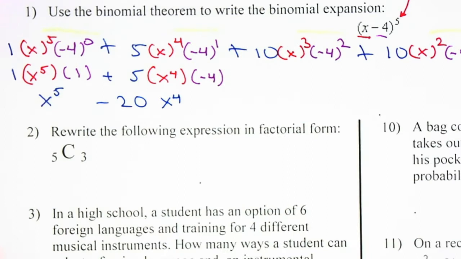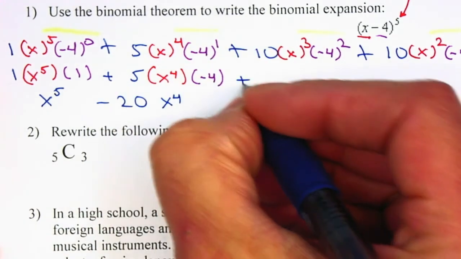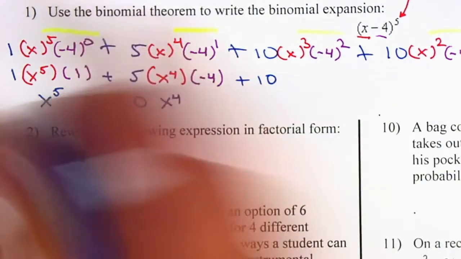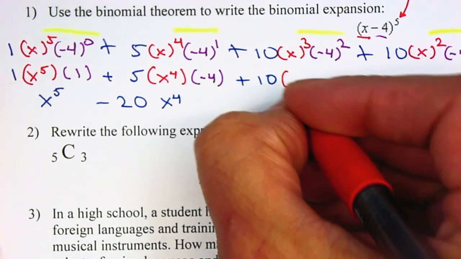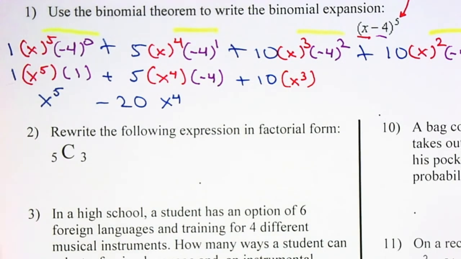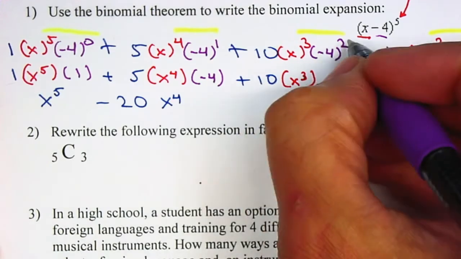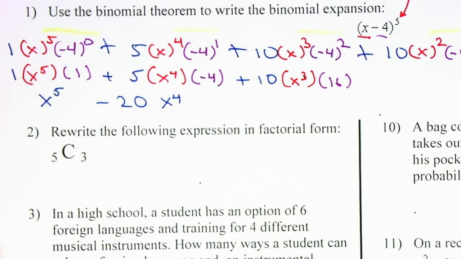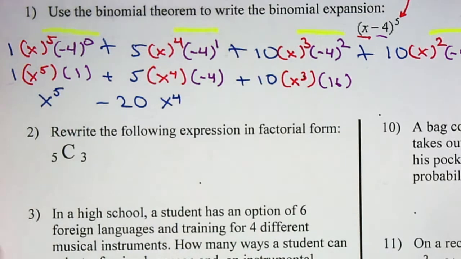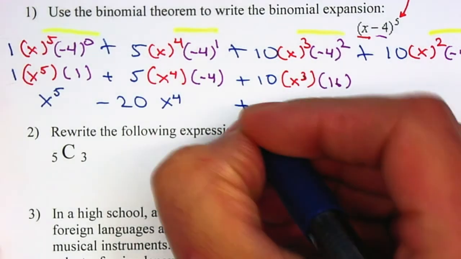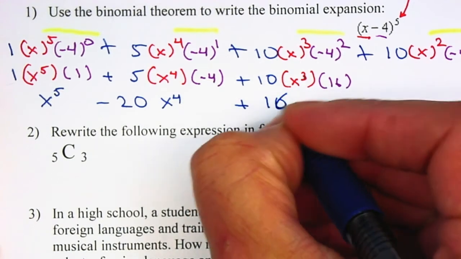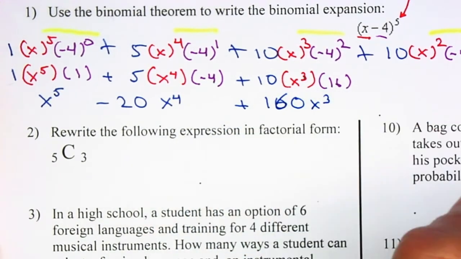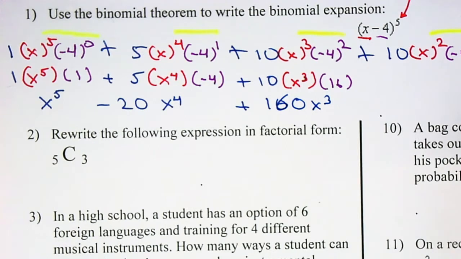Let's simplify the next term. We have plus 10, x to the 3rd. Negative 4 to the second power is negative 4 times negative 4, which is positive 16. Multiply 10 times 16 is 160, so it's plus 160 x to the 3rd. Let's continue with the next term.